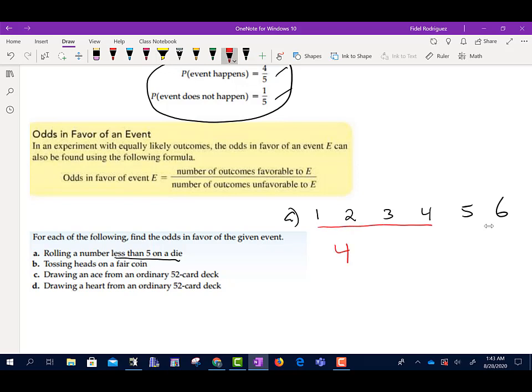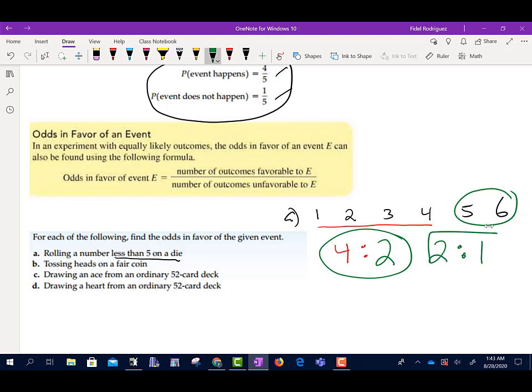There are 4 numbers less than 5. With odds, we typically write the first number, then a colon, and then the second number. How many numbers are not less than 5? The other 2. So 4 to 2, and we can reduce by dividing both by 2, which gives 2 to 1.